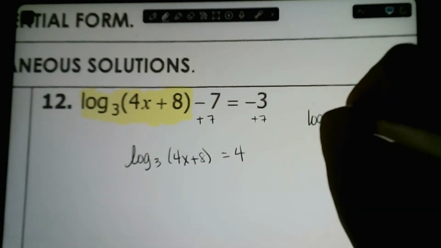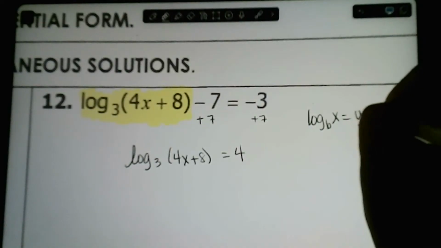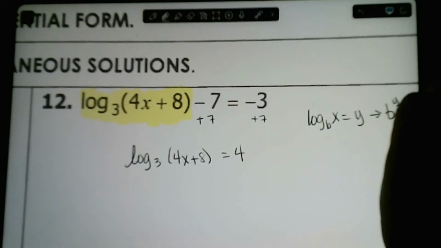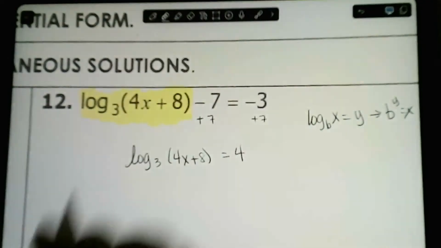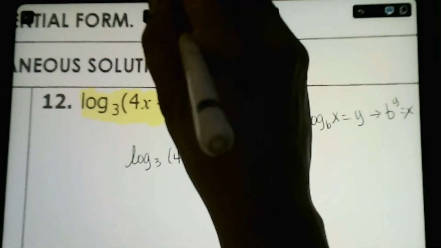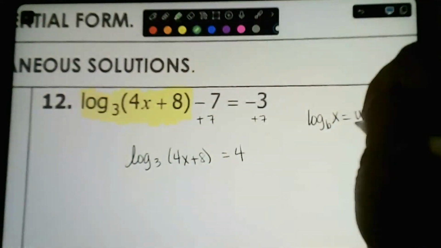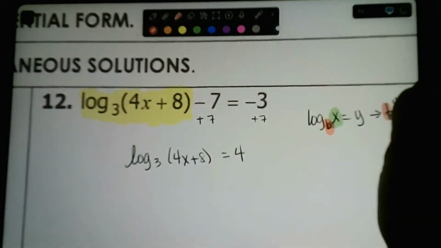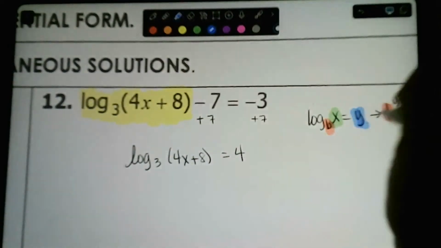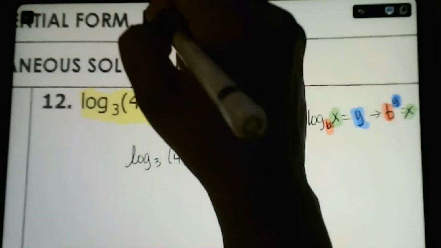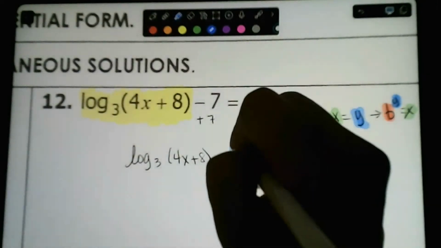Remember that exponential form does this. I always get them backwards, but okay. We have the base and then the number being raised to that base, or that number raising the base.